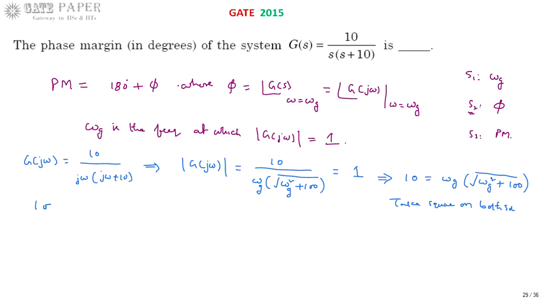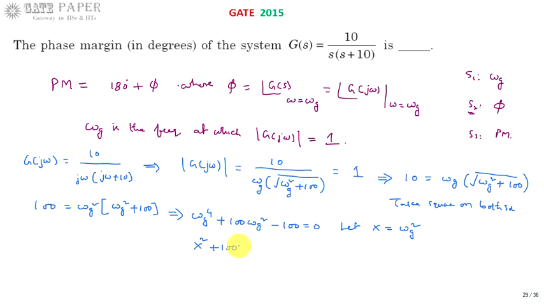Then 100 is equal to omega G square into (omega G square plus 100). So we can write omega G to the power of 4 plus 100 omega G square minus 100 is equal to 0. Taking the 100 to this side, it becomes minus 100. Now let x be equal to omega G square. Then this equation turns into x square plus 100x minus 100 equal to 0.